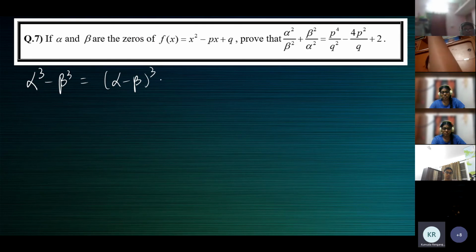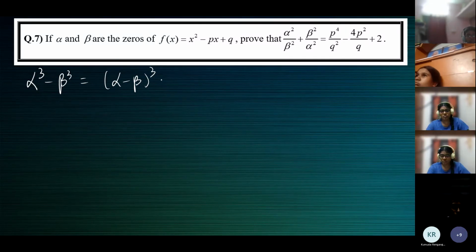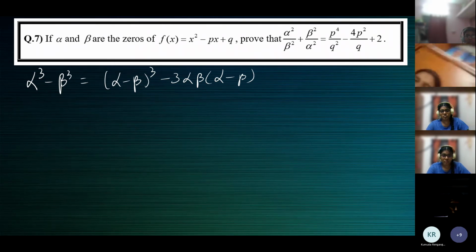Minus or plus? Plus. Here minus 3 alpha beta into alpha plus beta. Okay, I'm just writing what you're saying. You're saying minus 3 alpha beta into alpha minus beta. In bracket alpha plus beta. Minus 3 alpha beta into alpha plus beta.